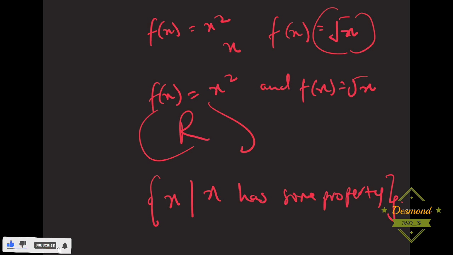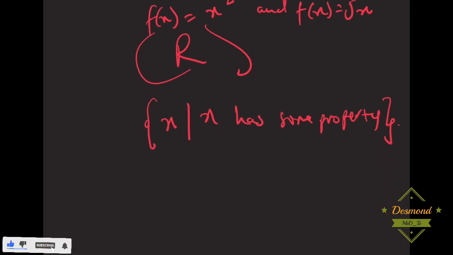For example, if we're interested in the set of real numbers that are greater than 1 but less than 5, we could denote this set using set builder notation by writing that x is such that 1 is less than x less than 5. That's how we can write it.